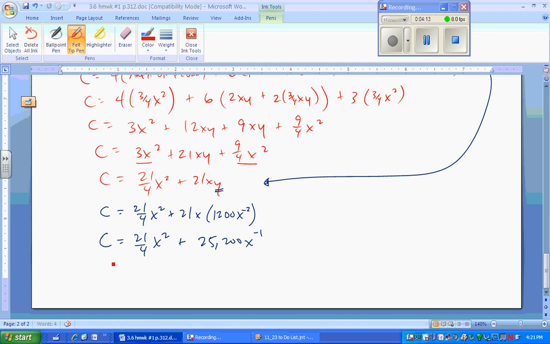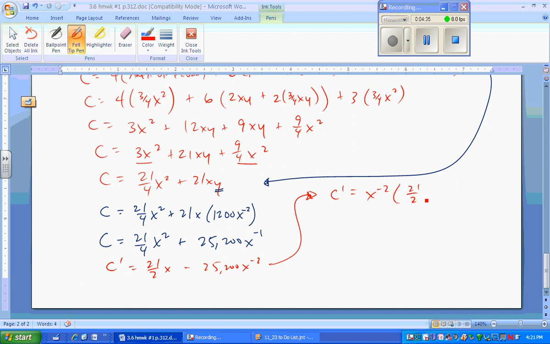So now we can take the derivative of this. Bring the 2 out in front, we get 21/2 times x minus 25,200 times x to the negative second. So we can factor out an x to the negative second.